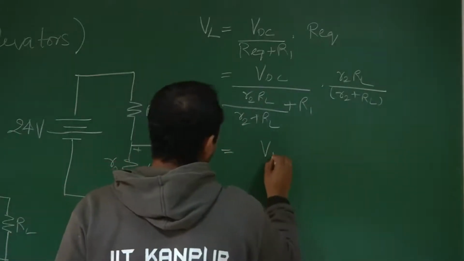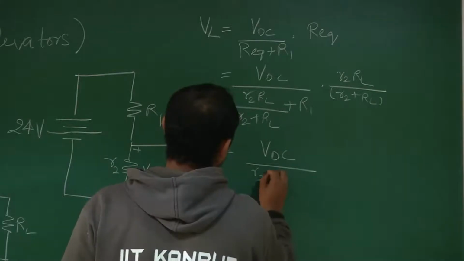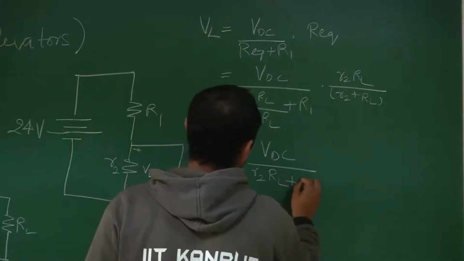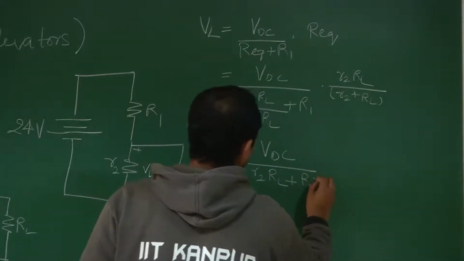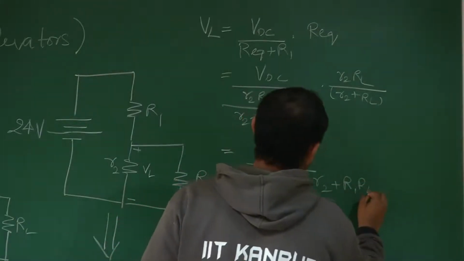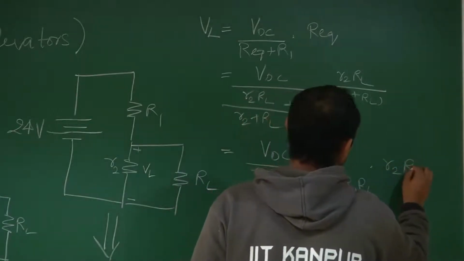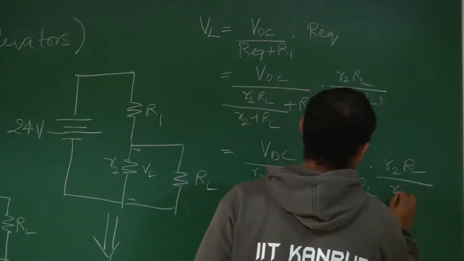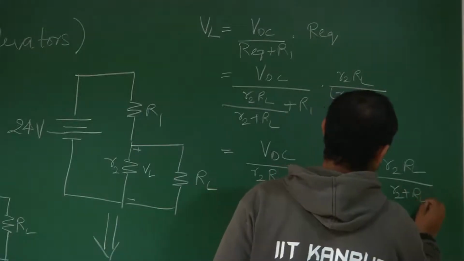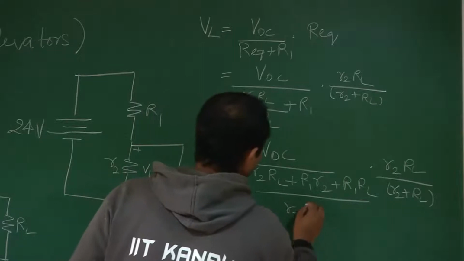Further simplifying this, we will get VDC upon R2 RL plus R1 R2 plus R1 RL into R2 RL by R2 plus RL, divided by R2 plus RL.